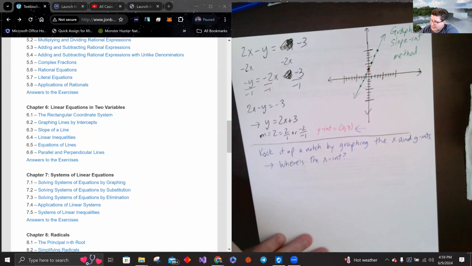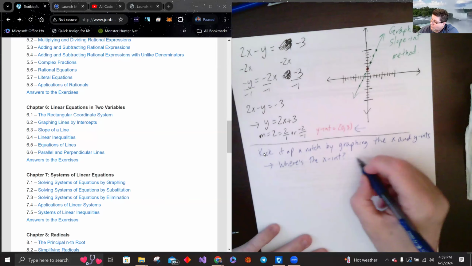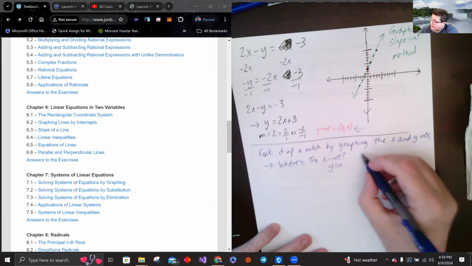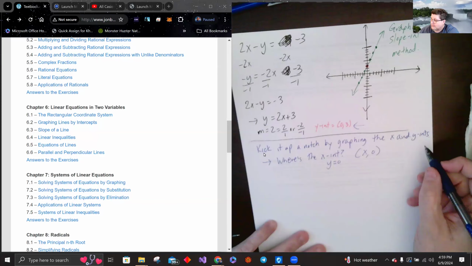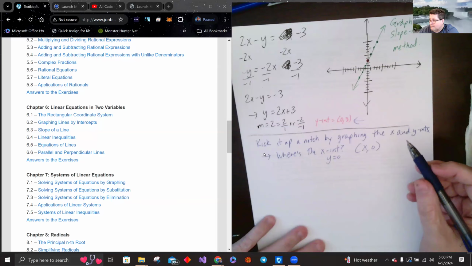For the x-intercept, y equals 0. It's the point x comma 0. So I'm going to make y equals 0.